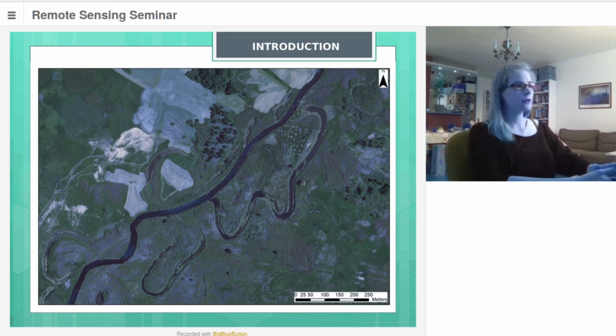First I want to introduce you to the area of the research and the oxbow lakes I work on. There are several types of oxbow lakes. The most general classification is by the connection with the river. We have oxbow lakes which are connected with both arms with the river, or with one arm.